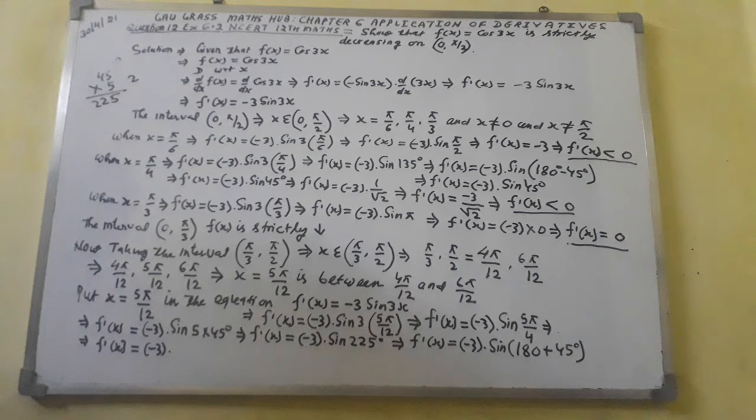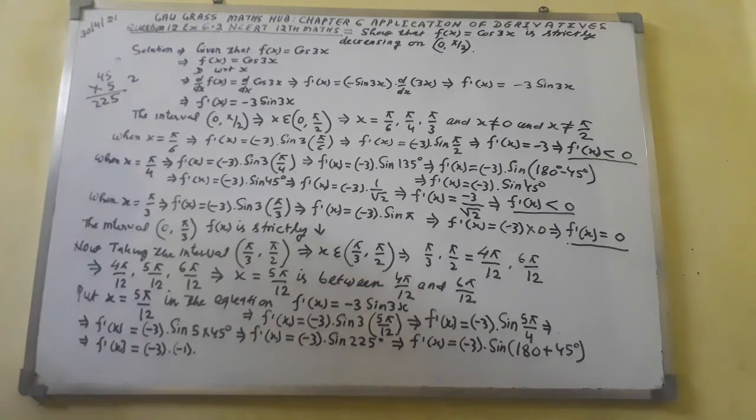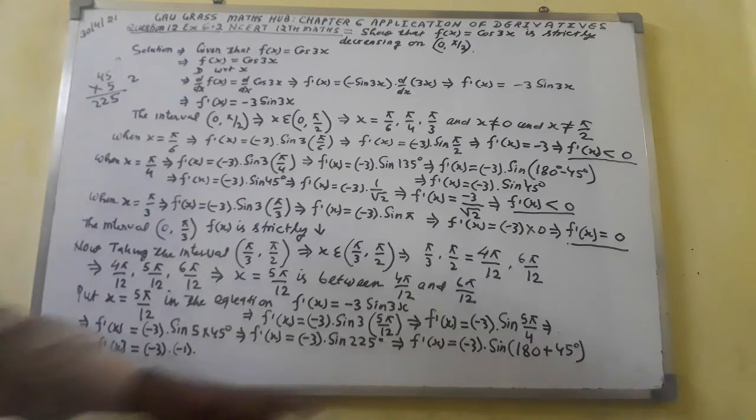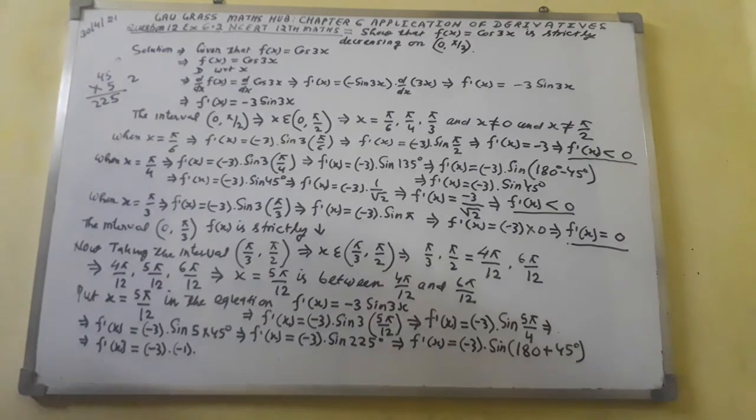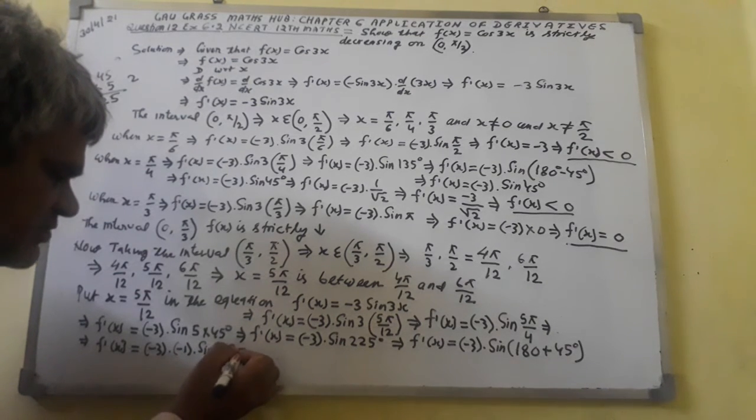It will go in the third quadrant. 180 plus, it will go in the third quadrant. In the third quadrant, sine will have a negative sign. So here write minus 1. And since 180 degree is there, it comes out to be sine 45 degree.